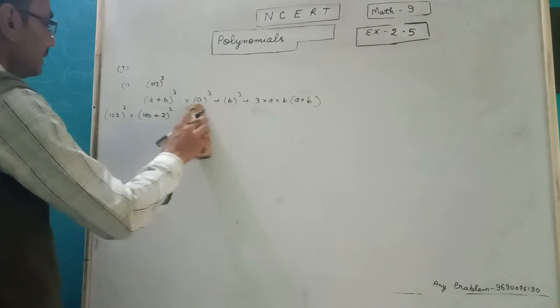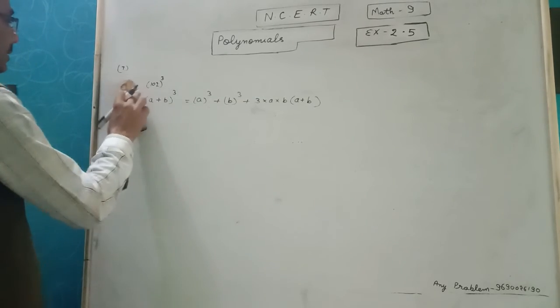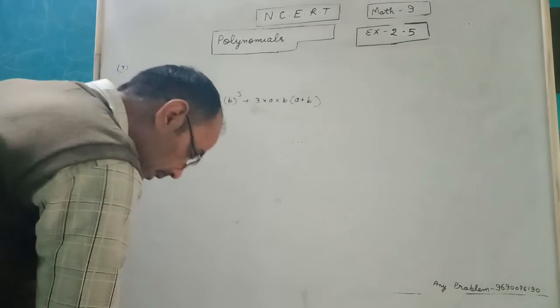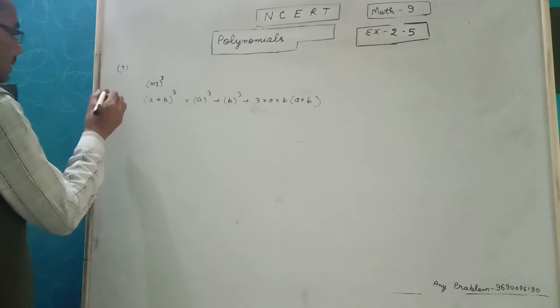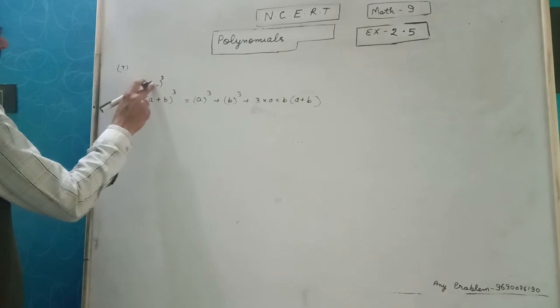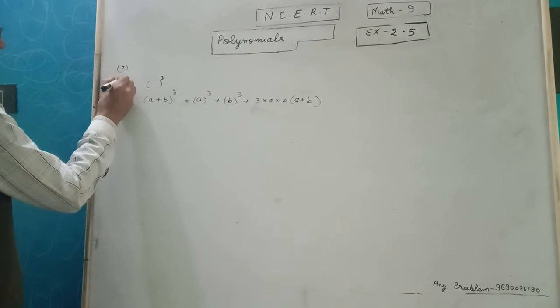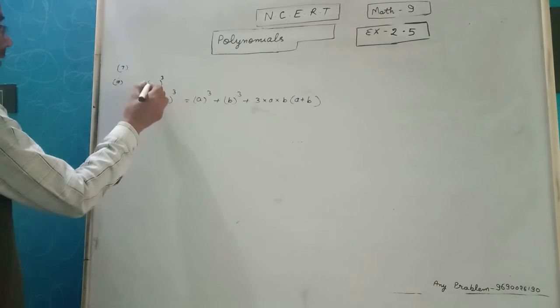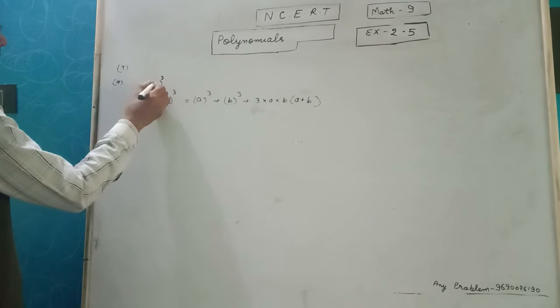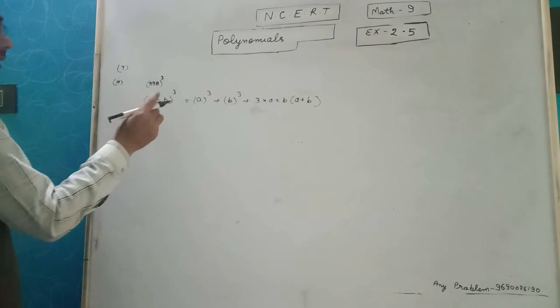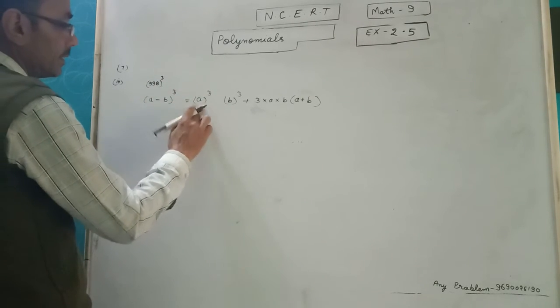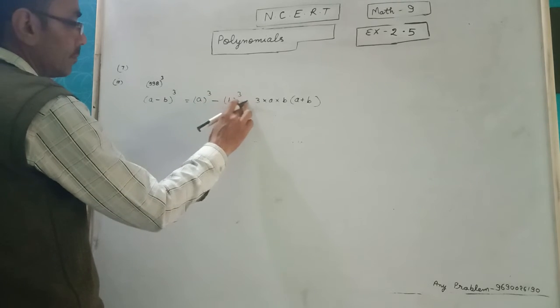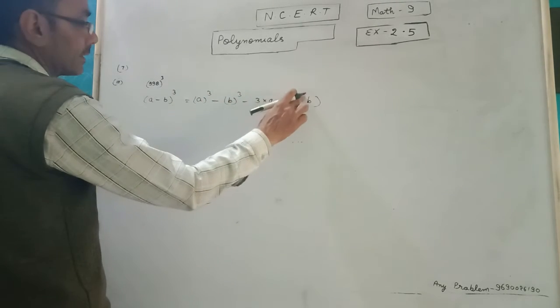Third part is, 7th question, third part, 98 cube. 98 cube will be 100 minus 2, make the minus identity.